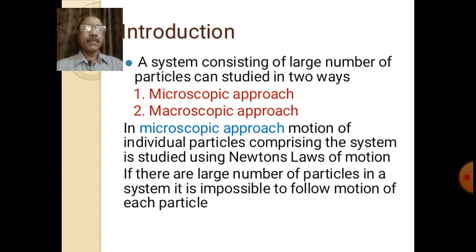Number 1, microscopic approach. Number 2, macroscopic approach. In microscopic approach, motion of individual particles comprising the system is studied using Newton's laws of motion. If there are large number of particles in a system, it is impossible to follow motion of each particle.